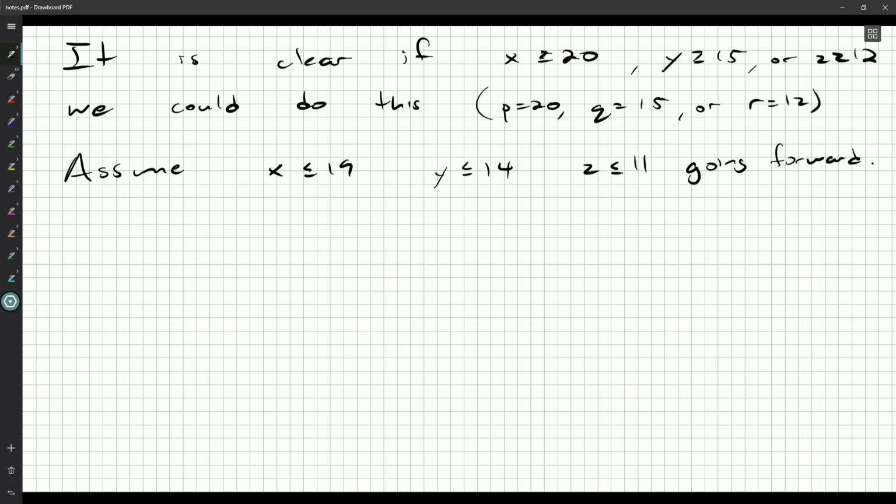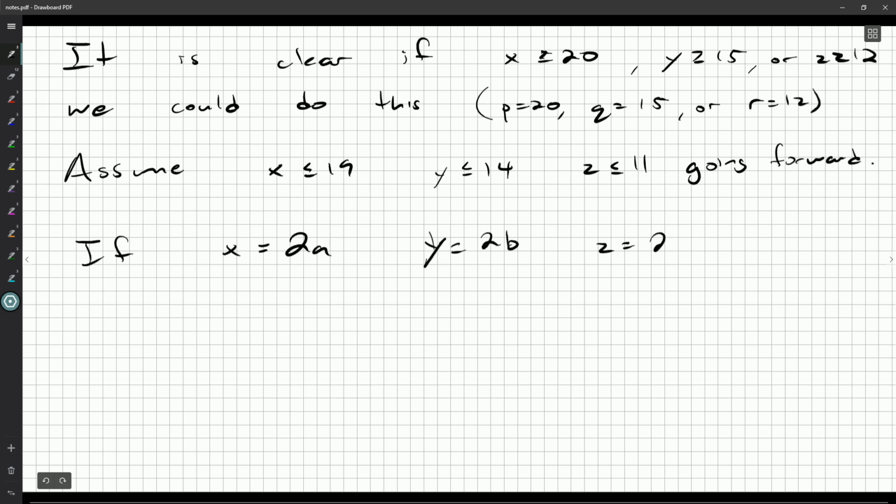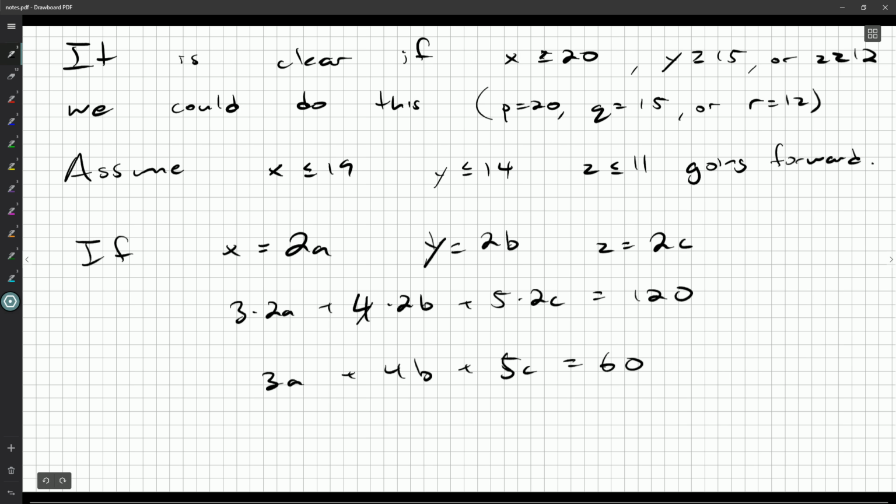So what can we do? Now, we've got 120. Why 60? 60 is half of 120. So we can make the observation: if x is, let's say, 2a, and y is 2b, so if all of these are even, then dividing both sides by 2, you would get what you want.